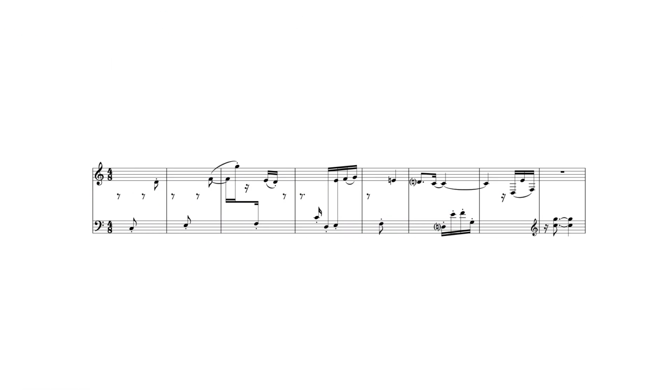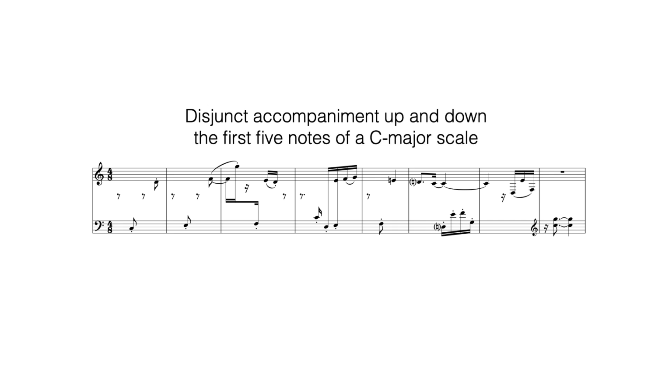Let's turn now to the accompanying line, shared by clarinet and viola. Like the flute melody, this line is quite disjunct in contour, with lots of big leaps, and is further broken up by the frequent changes of instrumental timbre. But underlying that melodic activity is something very regular and systematic. The line just trots up and down the first 5 notes of a C major scale.